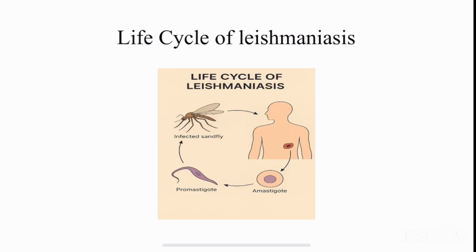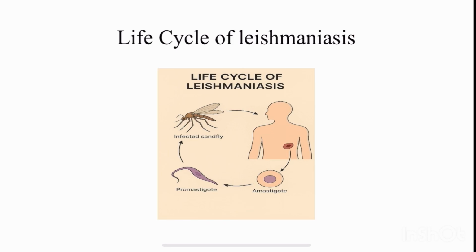Now, the life cycle of leishmaniasis. It occurs in two different parts, vertebrate and invertebrate. In the vertebrate part, the host will be a dog, man, or some rodents, in which the cycle will occur.